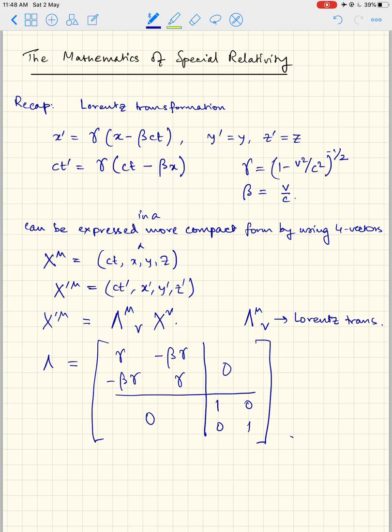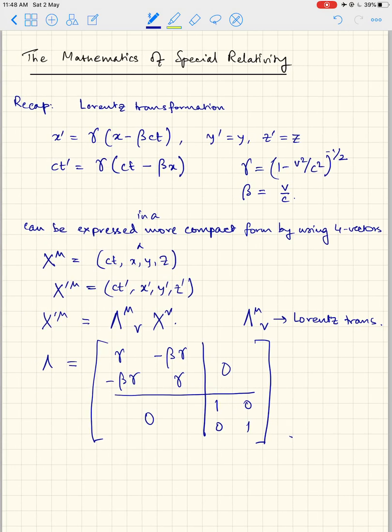We also saw that Lorentz transformations could be defined as something that kept the distance between two events the same. The point was that the norm of this vector, x dot x, which is given by c squared t squared minus x squared minus y squared minus z squared, stayed the same.